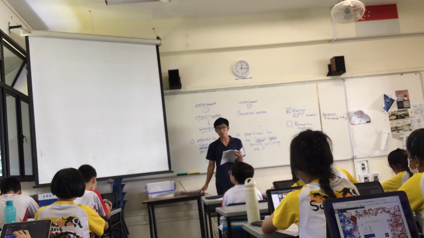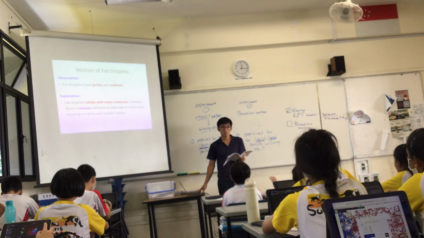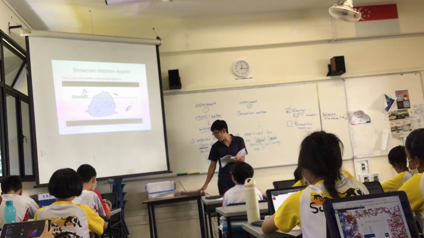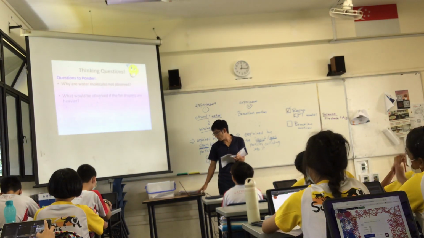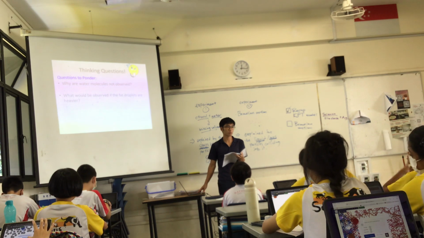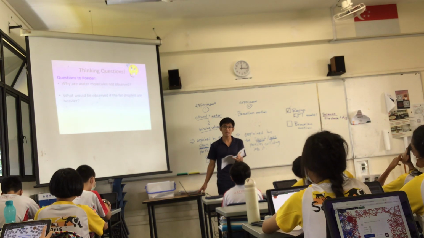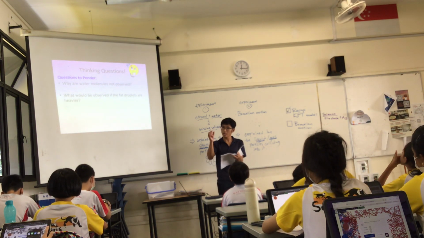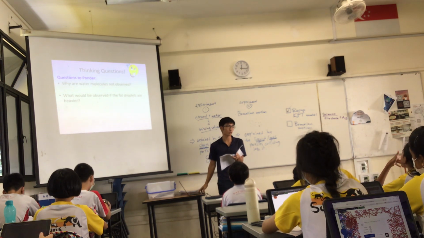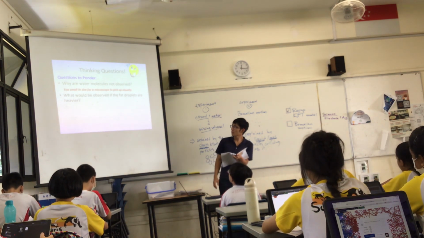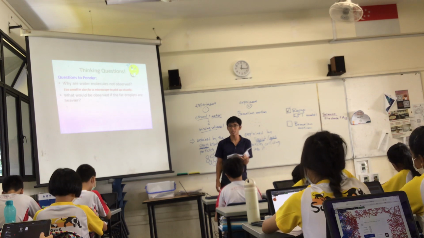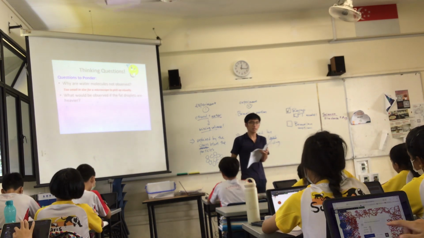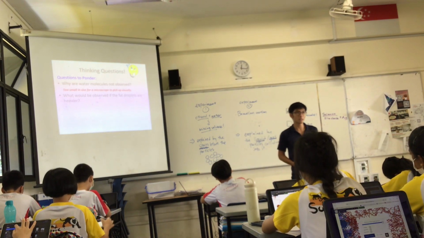Because in reality, it's too small. We cannot see it. Even with the microscope like Robert Hooke's, we will not be able to see the water molecules. So the best evidence we have that they are moving is by the movement of the fat droplets or the pollen grains. You just cannot see the molecules moving, so we need to find other creative ways to explain why it's moving.